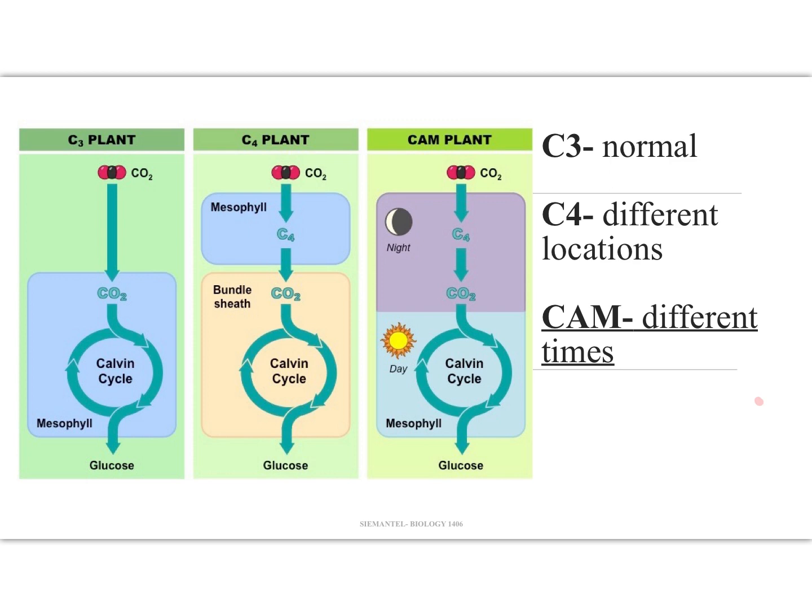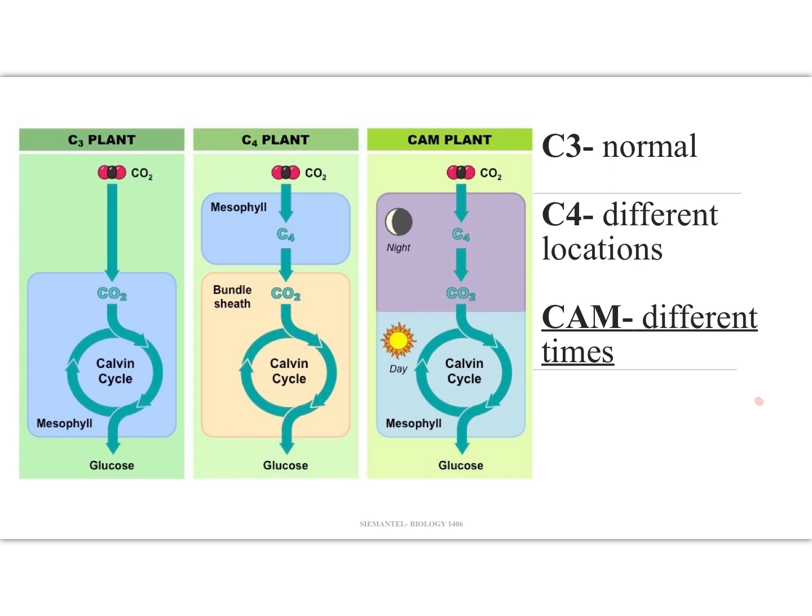In our CAM plants, we don't have a bundle sheath cell. Everything is happening in the mesophyll, but we are going to separate what's done, certain parts for the day and certain parts for the night. So carbon dioxide comes in at night. We're going to run C4 cycles at night and then pretty much store them until the daytime.